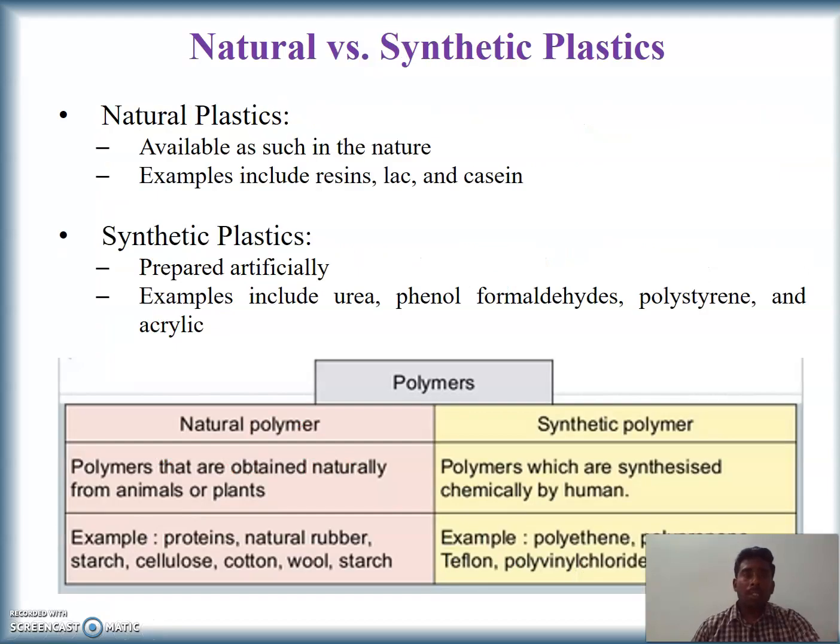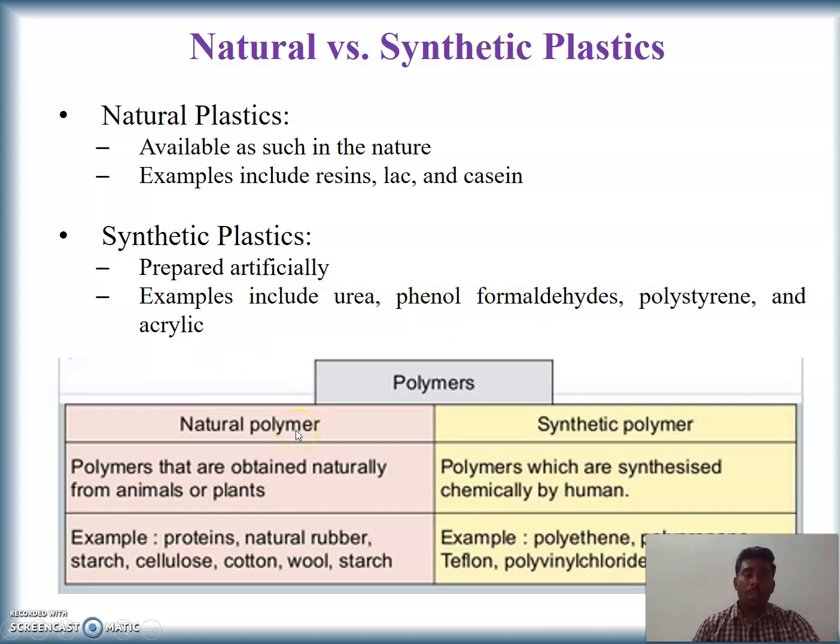A comparative study of natural plastics versus synthetic plastics is done here, and similarly between natural polymers and synthetic polymers. First, natural plastics occur naturally. Examples are resins, lac, and casein, and synthetic plastics are prepared artificially. Examples include urea, phenol formaldehyde, polystyrene, and acrylic.